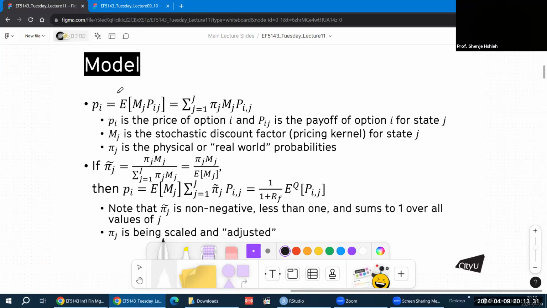So if you were to rewrite this in discrete form, it's the sum over states of the world j, lowercase j to capital J, where pi is the real world probabilities. So real world probabilities, or physical probabilities, right? Makes sense, right?